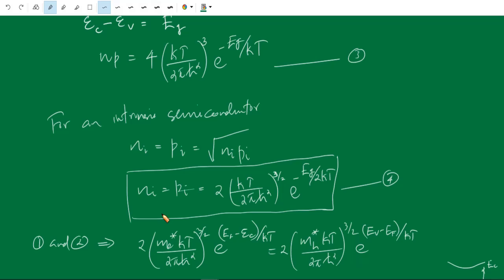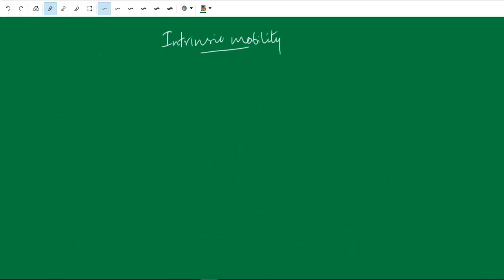Now, when we talk about the conductivity of a semiconductor, we have to discuss the mobility also. So you know what a mobility is? It is the magnitude of drift velocity per unit electric field.